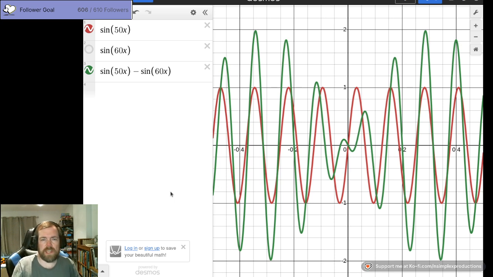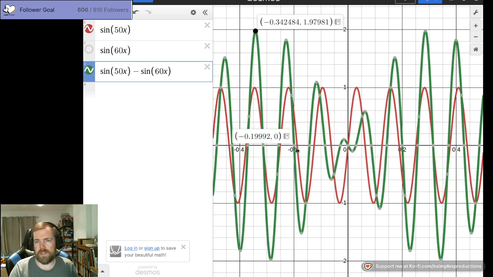50 times a second. It's expecting to receive 60 times a second, and so we get these beats where we get values that get as high as 1.97, or 98% above what they're supposed to get, and down to same deal here, 98% higher than what they should be getting.